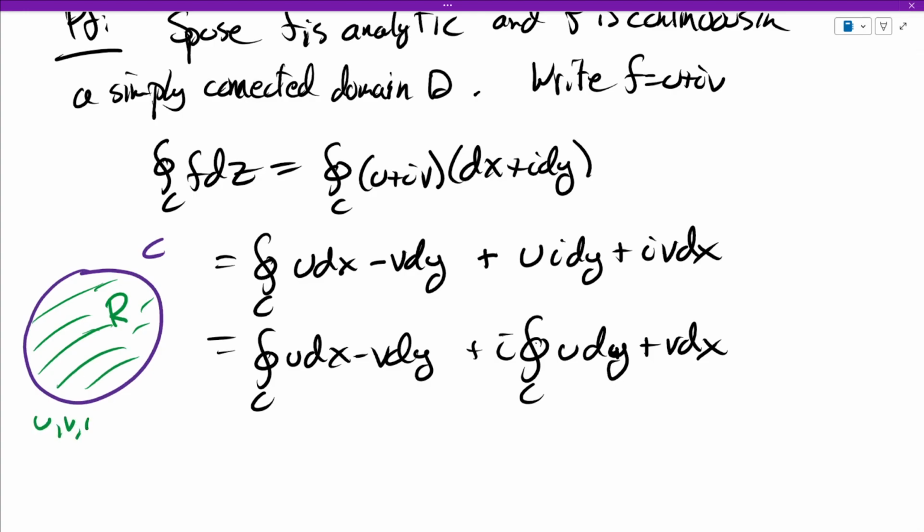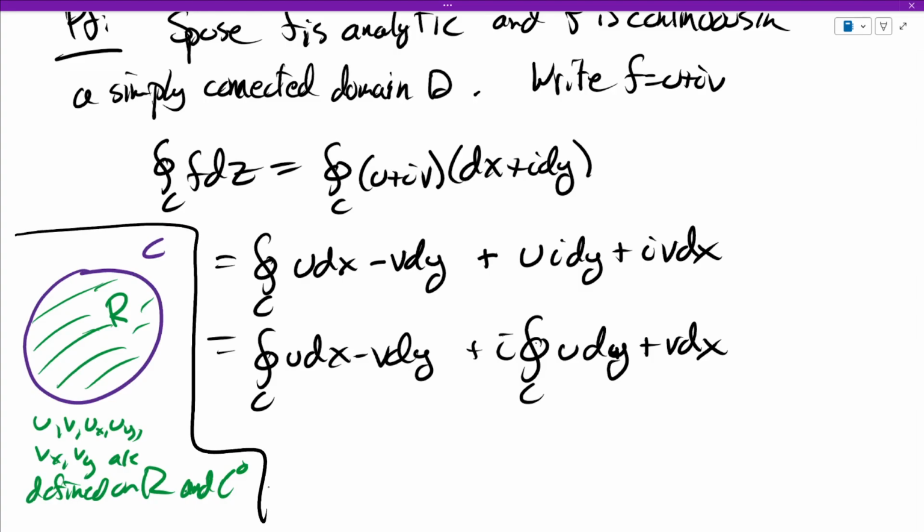So u, v, ux, uy, vx, vy are defined here on R, and they're continuous. Sometimes continuous is written C0. All right, so that's the crucial part.